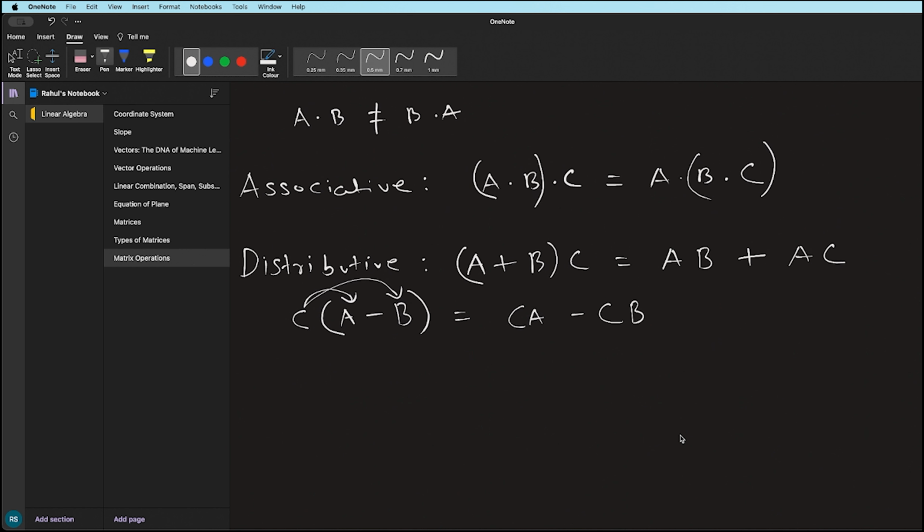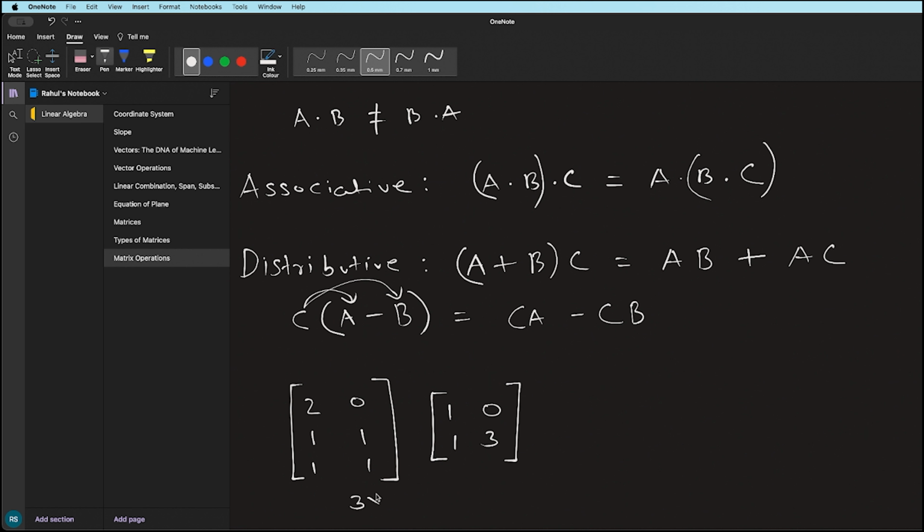So now let's perform another matrix multiplication to understand better. So this is a 3 cross 2 matrix and this is a 2 cross 2 matrix.